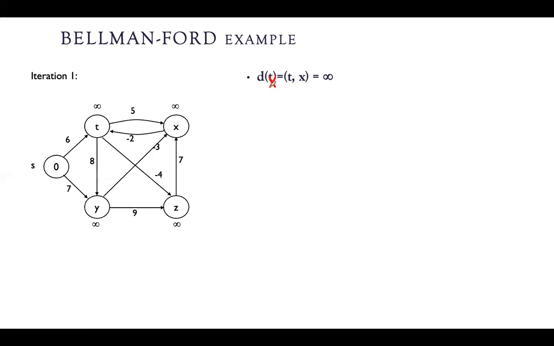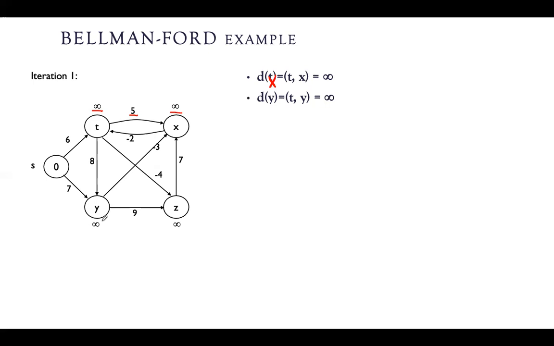Distance of x. I am considering we are starting with the edge t to x, and the distance of x will be updated. You can see here, the distance of t is infinite. Infinite plus 5 will also be infinite, so it will not change. Distance of y, edge t to y we are considering.